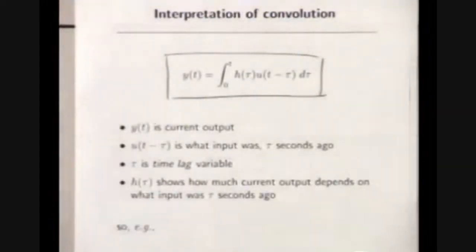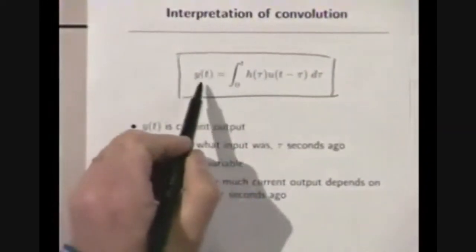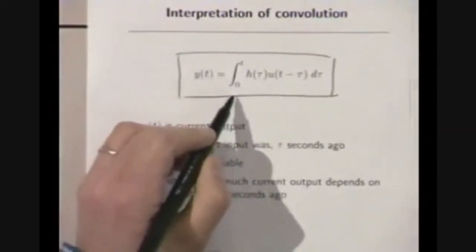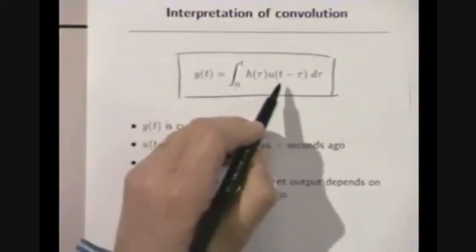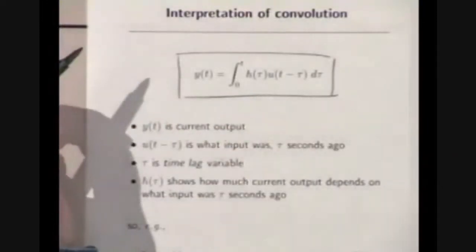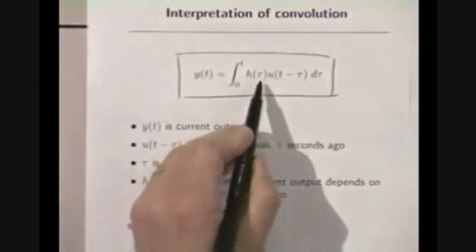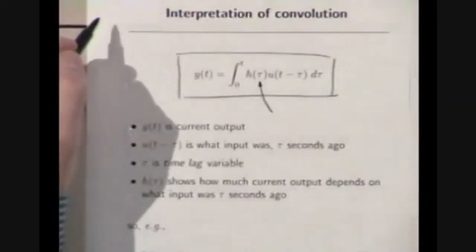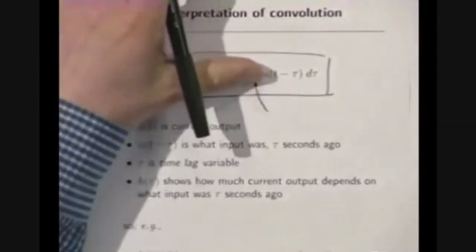So it says that what comes out of the system is an integral or mixture of what went into the system. That's what it is. Okay? Well, let's see. I interpret this variable tau as meaning seconds ago. That's what it means. Because u of t minus tau, that's what the input was.